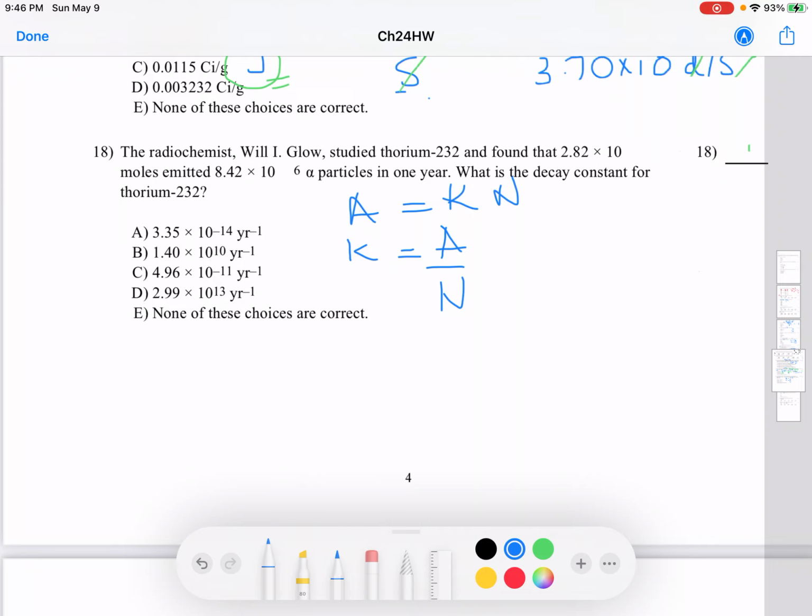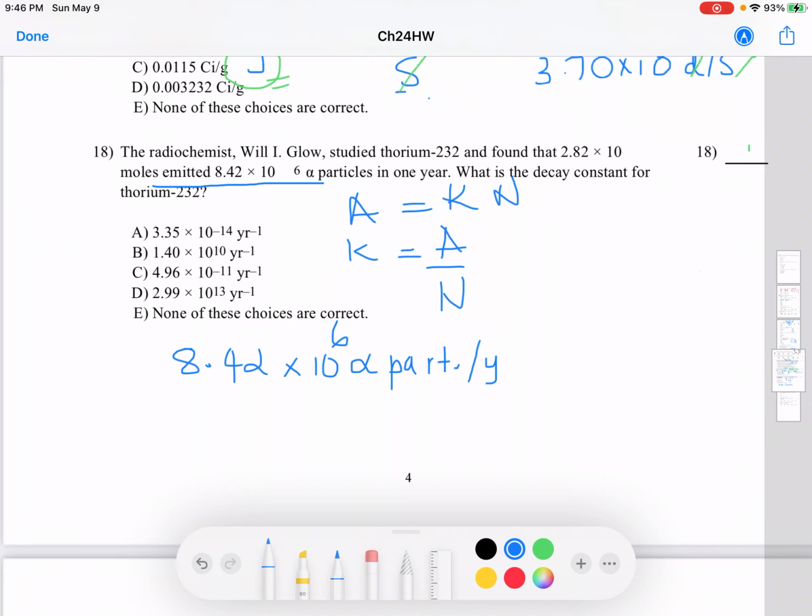Decay constant. Okay, how do we go about doing that? Let's look at that. It says it emit 8.42 into 10 to the power 6 alpha particles in 1 year. That is going to be our activity then. 8.42 into 10 to the power 6 alpha particles per year.